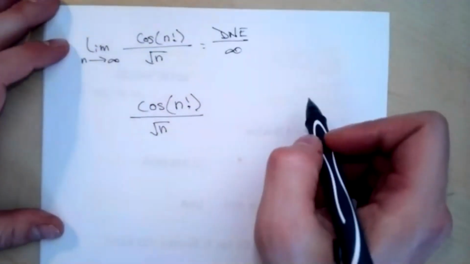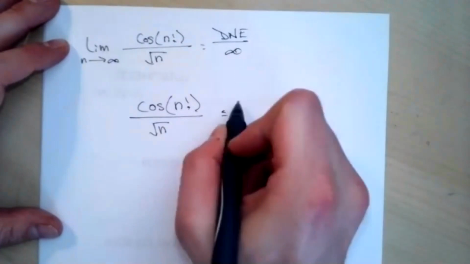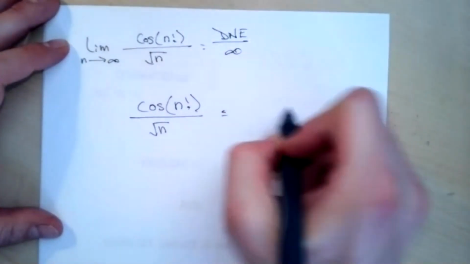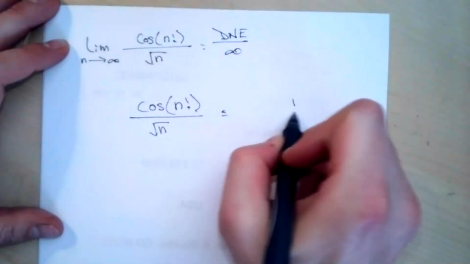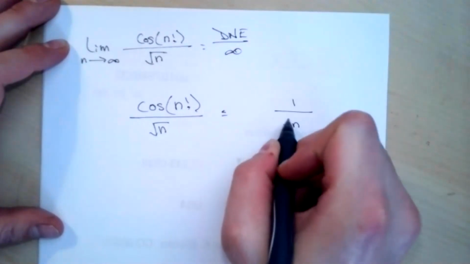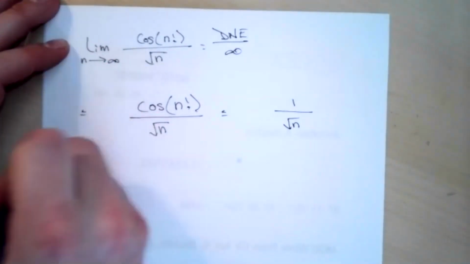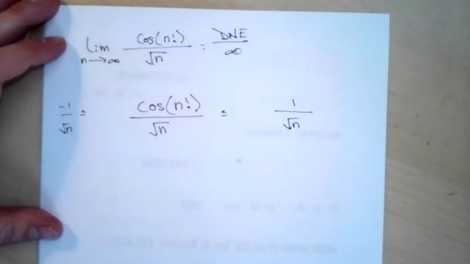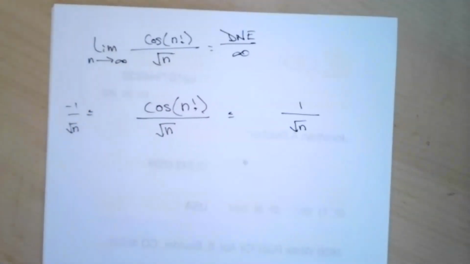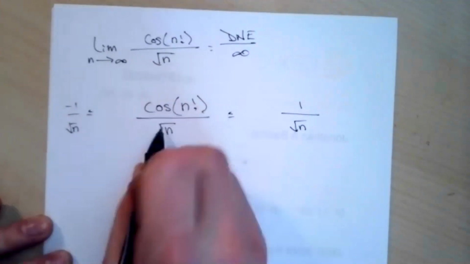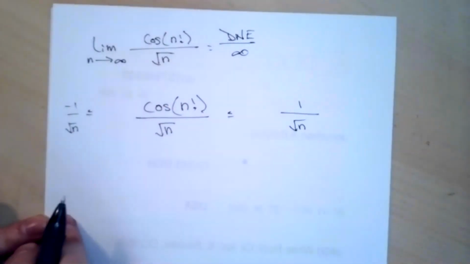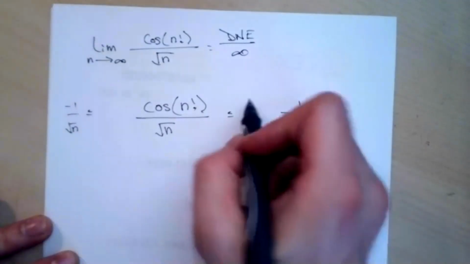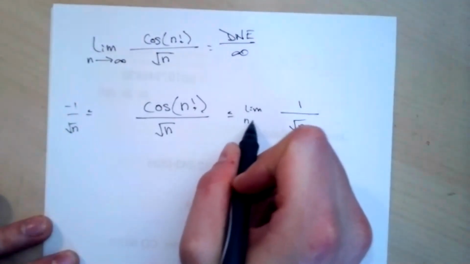Essentially the same thing holds for sequences, that we can bound cosine between 1 and -1. And I wanted to give myself space to write in there, because as soon as this function is bounded between these two functions, we can compute the limit of everything.